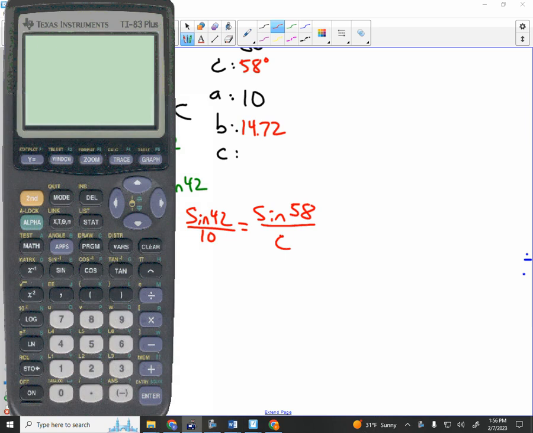So as we cross multiply, can you see that you're going to multiply the 10 and the sine of 58? But you're going to end up dividing by the sine of 42. So that way it saves me a little bit of writing, and I can go 10 sine of 58 divided by the sine of 42. So that's trying to develop some quickness, because we don't want to waste time using the law of sines on the test. You've got other things that are a lot harder than that. So 12.67.